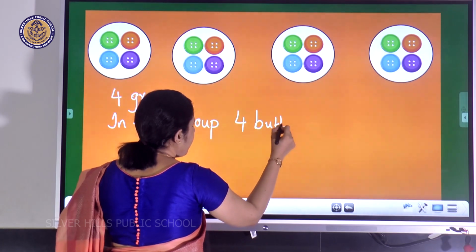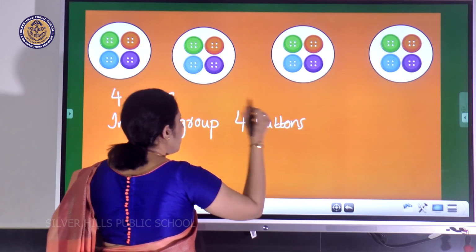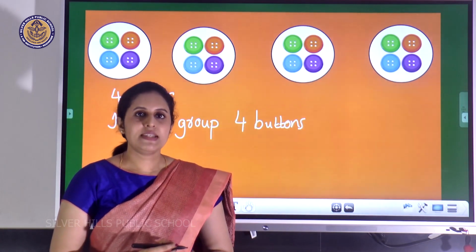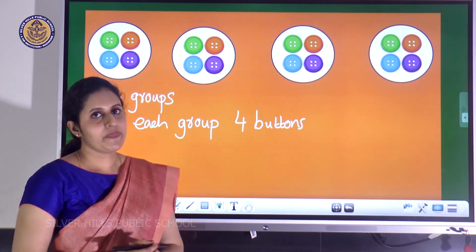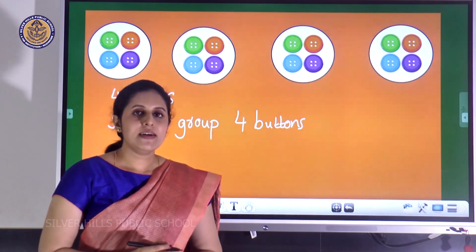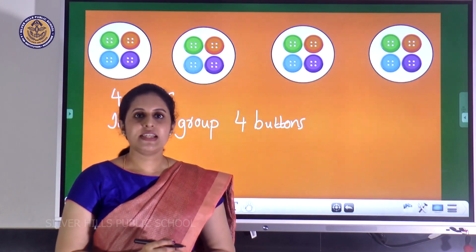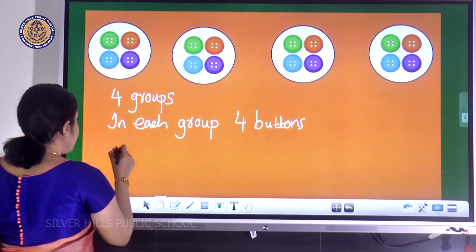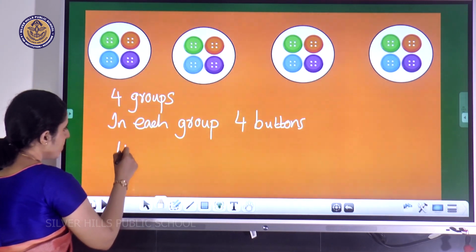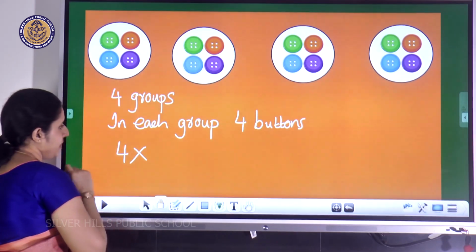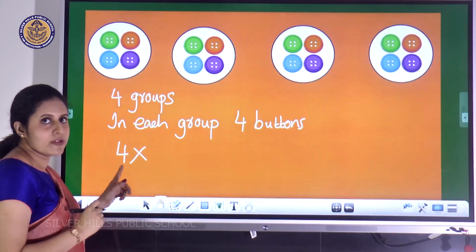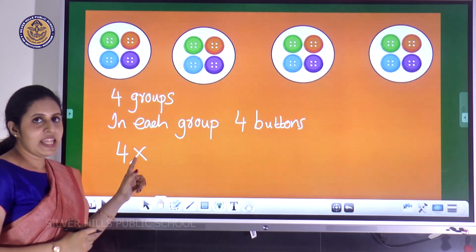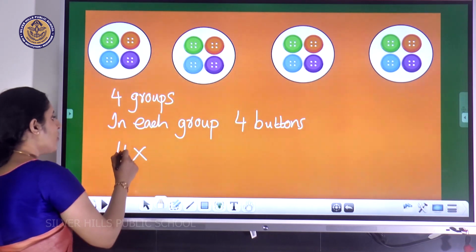Now, how do you calculate the total number of buttons in the picture? How do you write the multiplication sentence here? First you see how many groups are there, 4 groups. So, here it goes, 4 times, this is the number of groups. In each group how many are there? 4 again.